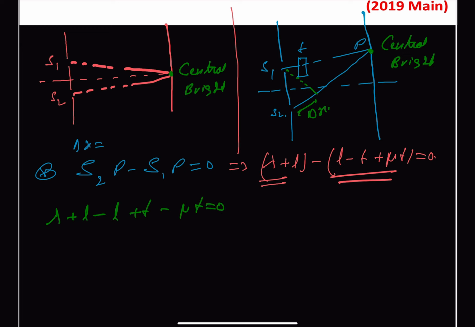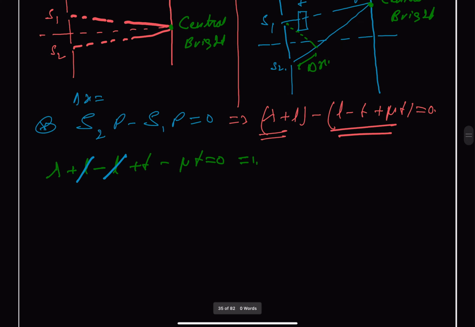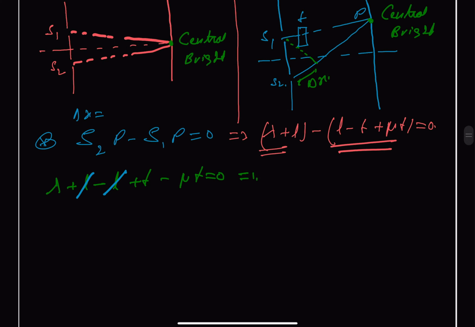Here L cancels with L, and we need to find the value of T, so we can just combine T here. So we get T times 1 minus mu is equal to minus lambda, and this gives us that T will be equal to lambda upon mu minus 1.